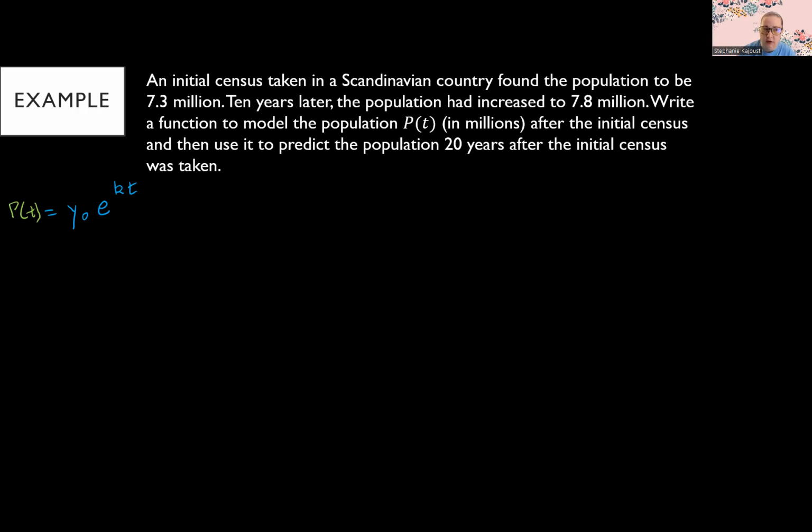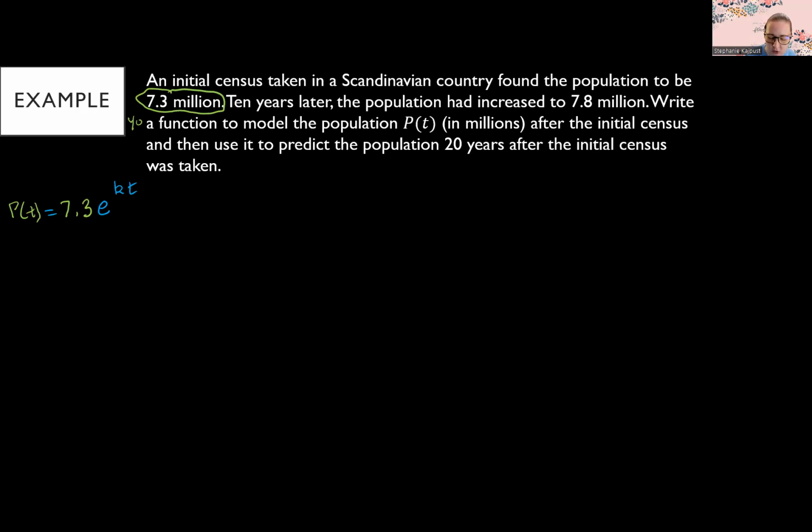So now we have to start figuring out what numbers we're given. We're given the initial starting point because it says the initial census was 7.3 million. So y naught is going to be 7.3. We don't need to write the million; that's given to you. But they're not giving us k. We don't actually have a percent that they give us. So we have to find that on our own. We have to do some math to figure out what that is.